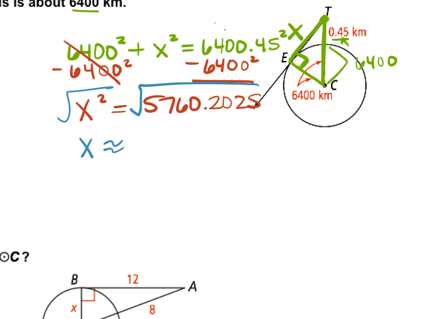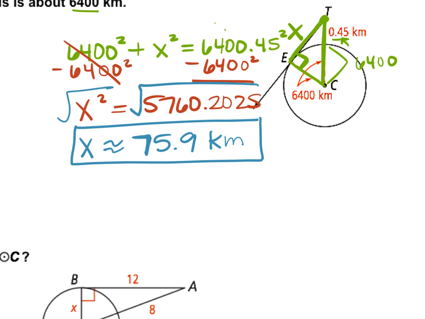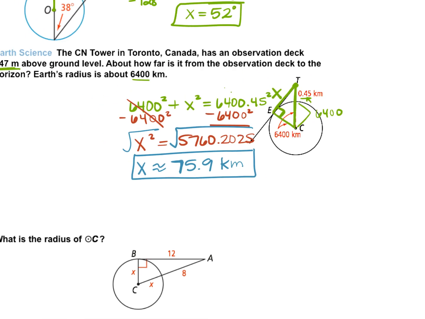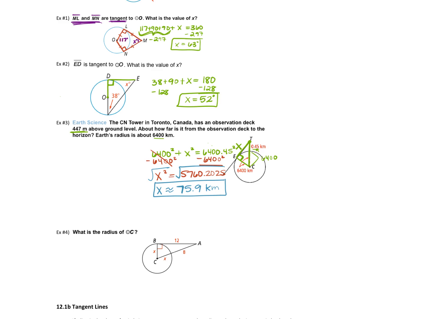So to the nearest 10th here, this would be about 75.9 what? Kilometers. So that's how far it would be from the observation deck to Earth. Questions on that?